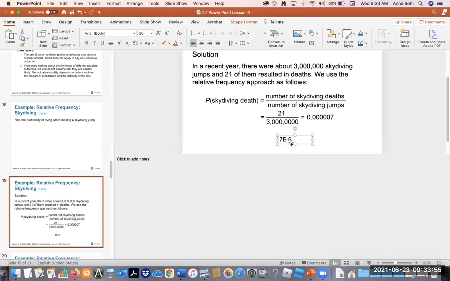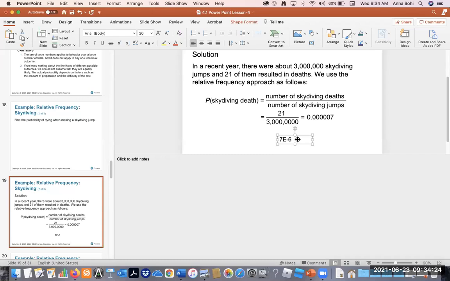So this is the same thing as the scientific notation of 7 times 10 to power negative 6. That means you start from after 7 and you go backward 6 places.